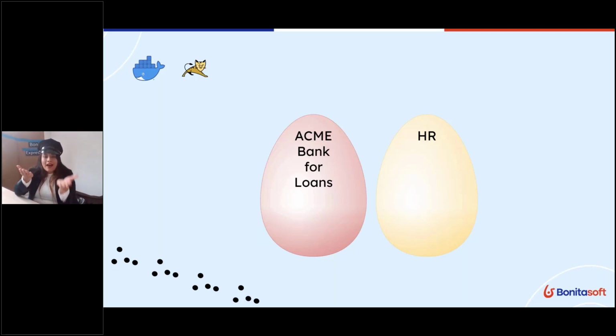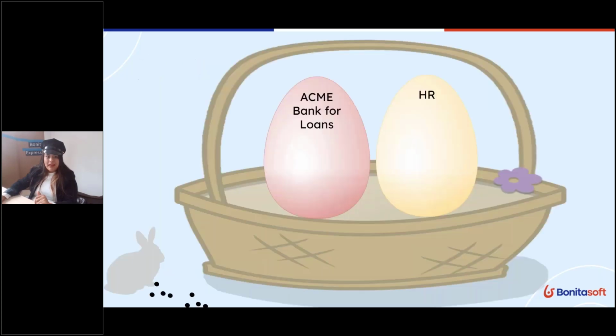But we have two different units, one pink and one yellow for this example. And there it is, our gray rabbit. I really like this image of a basket full of these small units, and you can put another unit in, and they can live together without interfering with each other, as long as you have enough space in your basket, right?